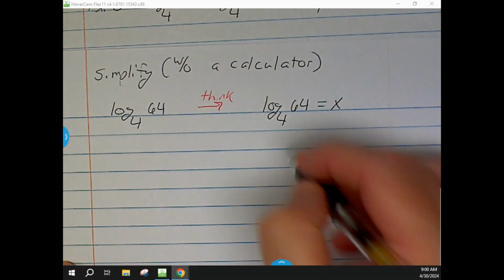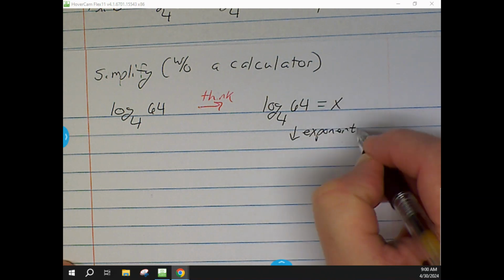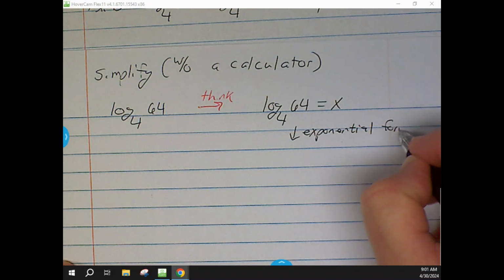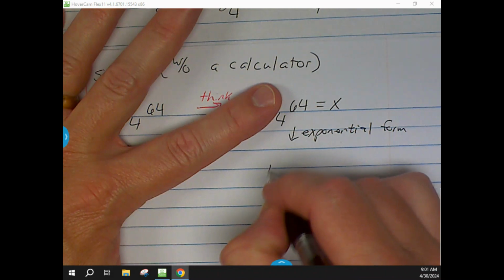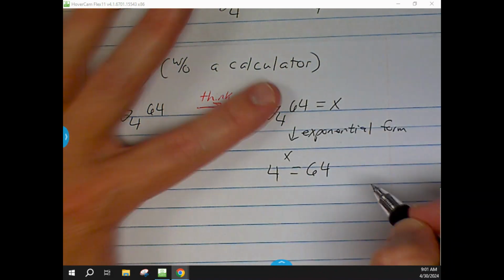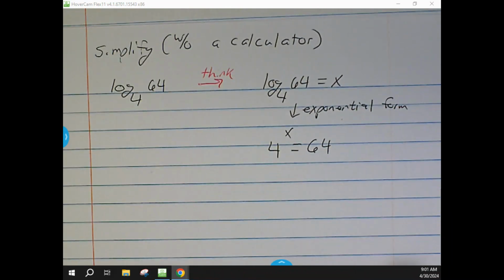Here's what they want you to think of: we're going to take this thing and rewrite it in exponential form. So if we can practice what we were doing yesterday, you take this thing and rewrite it in exponential form, and this is where it gets pretty easy. You just take the word log off, and then you switch these two numbers. So we got 4 to the x equals 64.